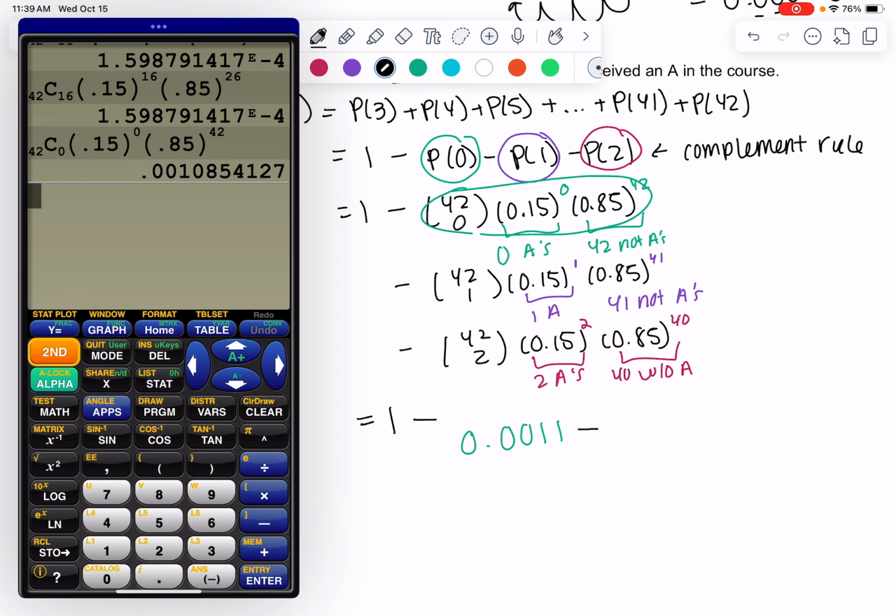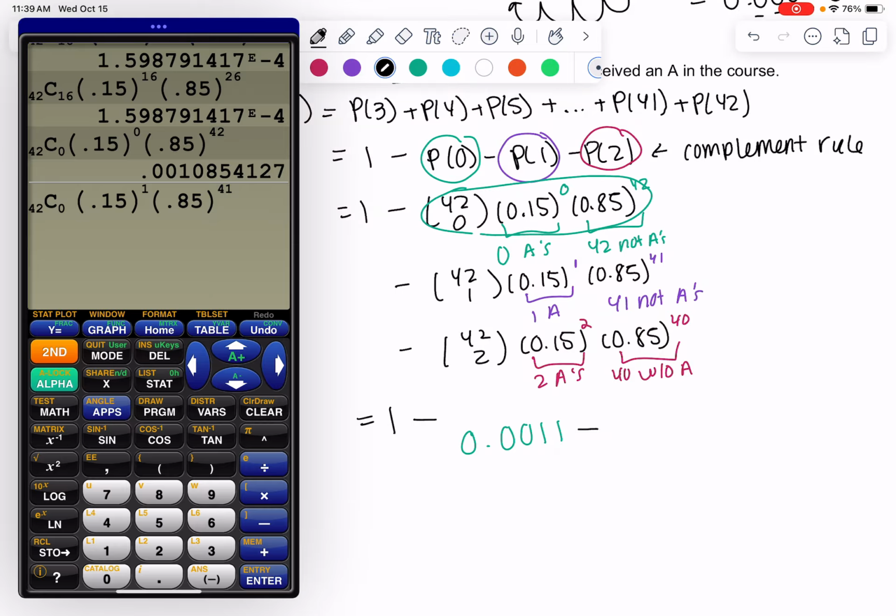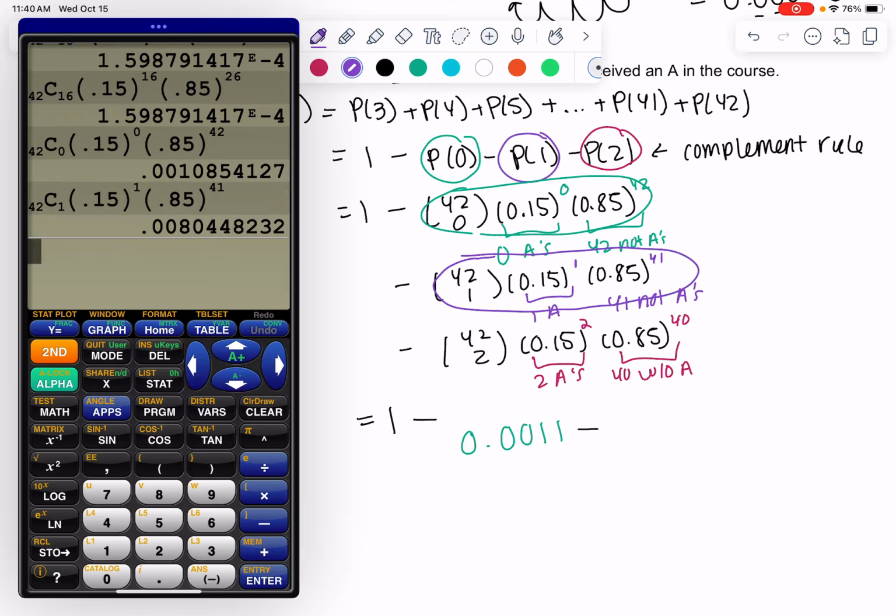And then remember, second enter is our best friend. So just change the powers and change the choose function. This will work no matter how your calculator looks. Second enter. And so I'm doing just this little piece right here. Check that you get 0.0080, and then do second enter one more time for the 2.